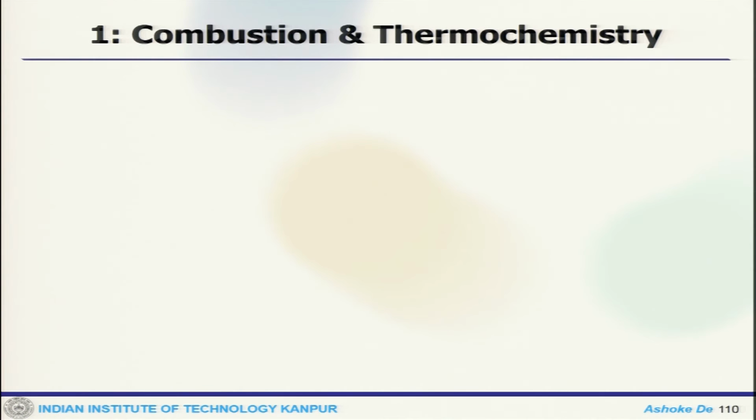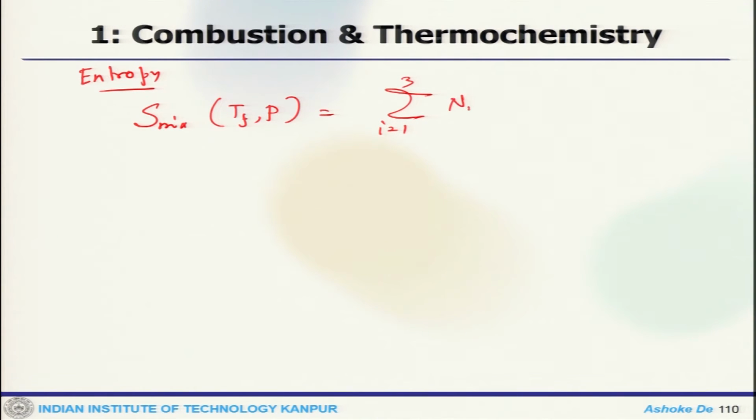Now, if you apply the second law on these things, then you can find out the entropy. How you find it: the mixture entropy at the final P would be, these are the species Ni at Tf and Pi.